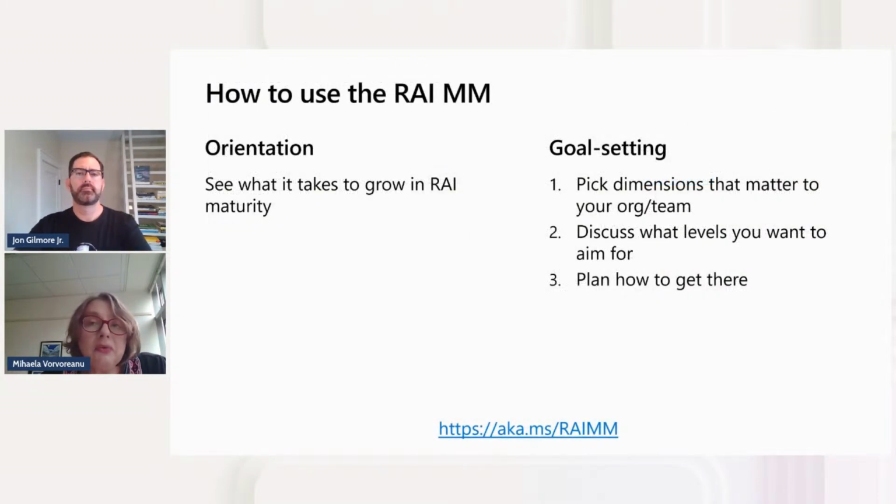Yeah, so I think there's two main ways. And one of them could be simply for orientation, for learning. See what it takes to grow in responsible AI maturity and see how it influences your thinking. As maybe you are a leader in your company, and maybe this is going to influence your thinking about how you organize teams or how you think about policy.